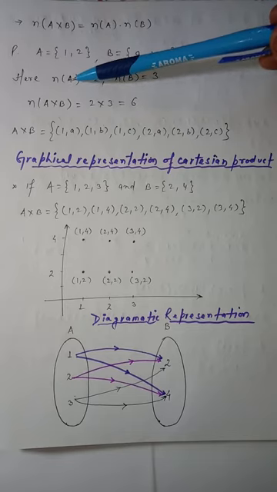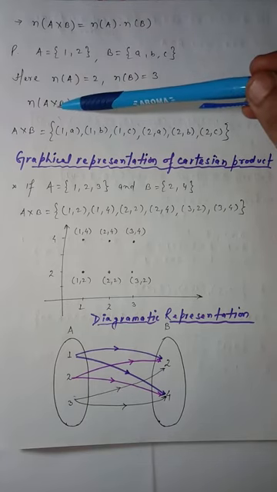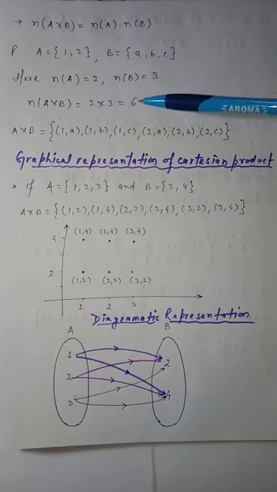We have already discussed it in the set theory chapter. So n of A is 2. What is n of B? 3 elements. So n of A cross B will be 2 into 3, 6.